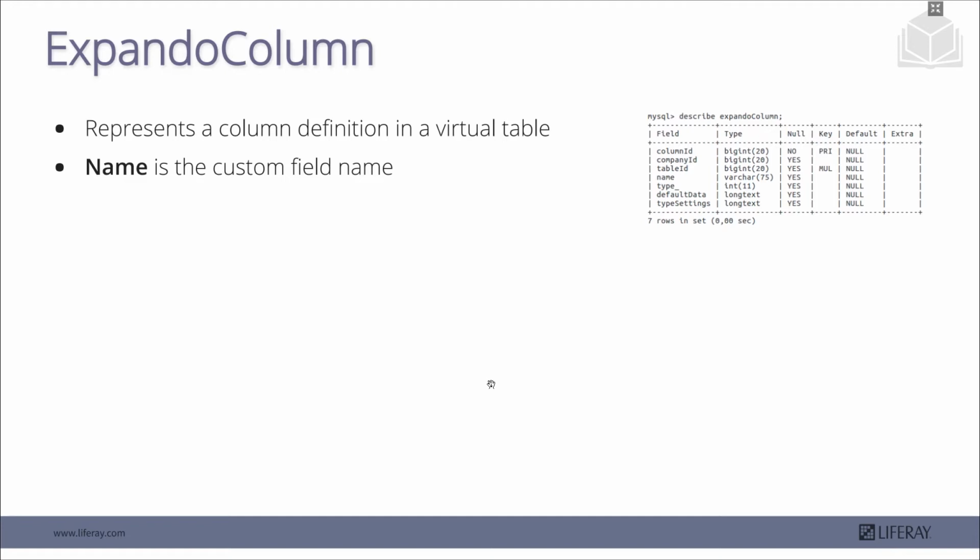So if I'm creating an employee ID, for example, for the user, in the Expando table, it'll have an entry for the user table. And then in the ExpandoColumn is where I specify the specific custom field, employee ID. So in the actual ExpandoColumn table, you'll see this specified under the name.